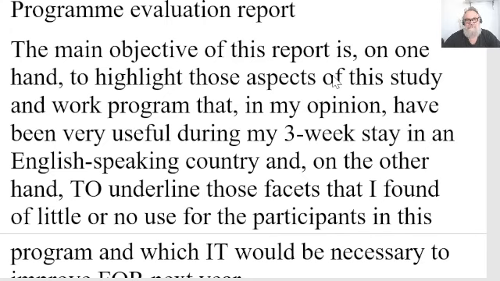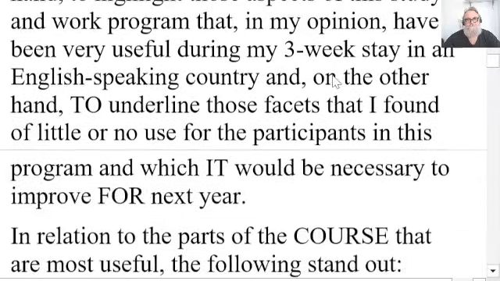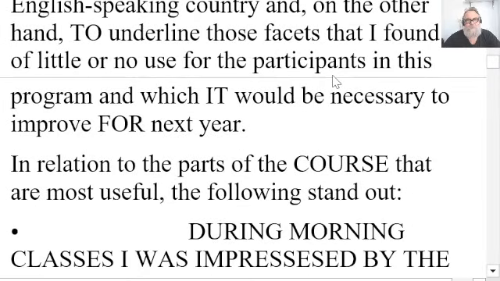The writing is suitable. 3, 4, 3, 4. I'm going to give it a 3. So that's communicative achievement.